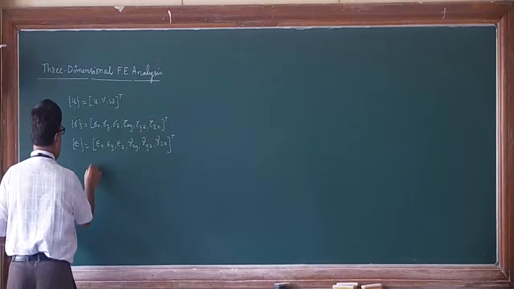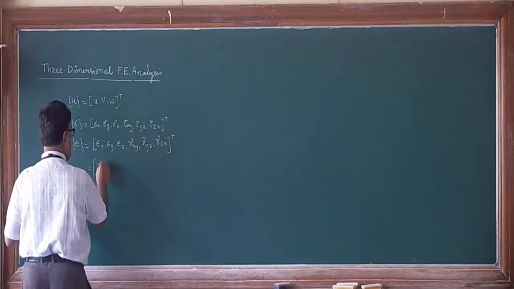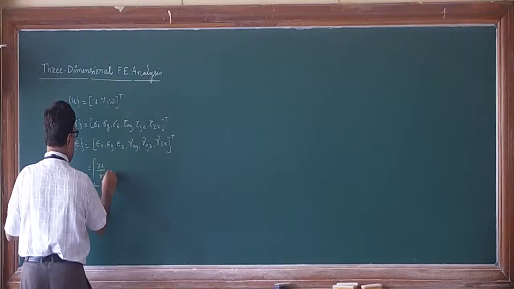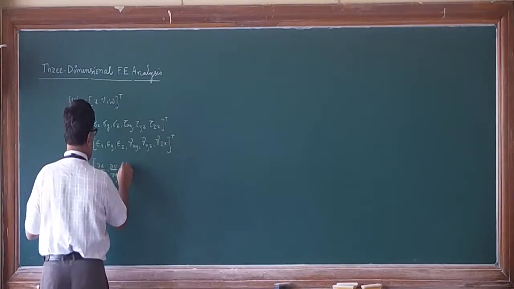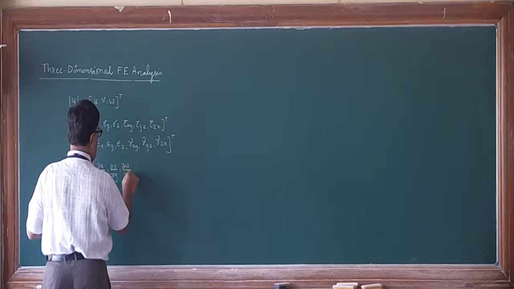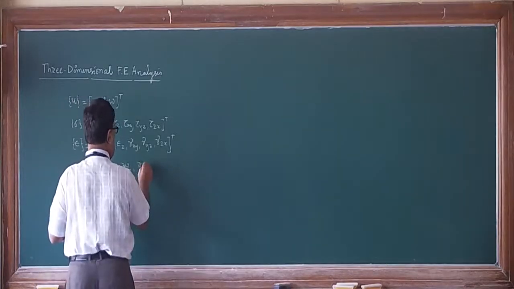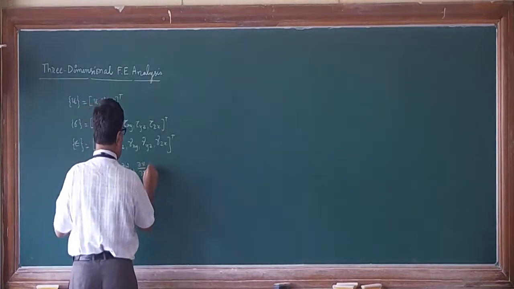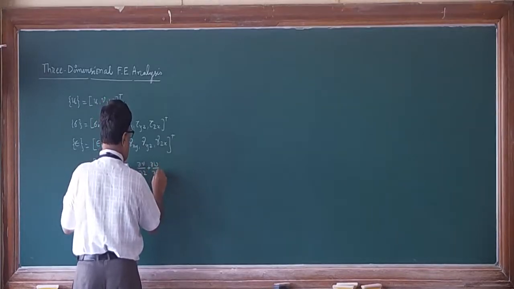If you want to express them in partial derivative terms, this is of course dou u by dou x, dou v by dou y, and dou w by dou z. Whereas for the next one, it is dou v by dou z plus dou w by dou y.